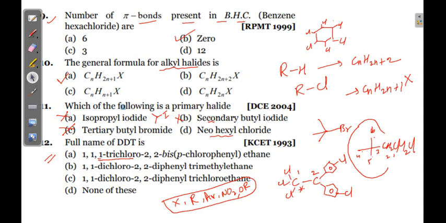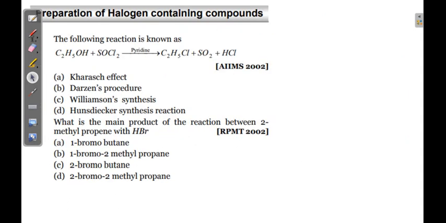Next, preparations. The first video we already discussed. The following reaction is SOCl2. From alcohol to haloalkanes we can prepare by 3 reagents: PCl5, PCl3, SOCl2 majorly. But this SOCl2 has a special property.